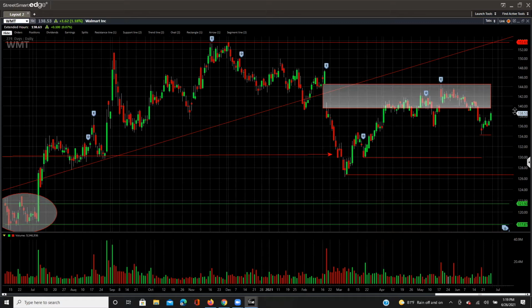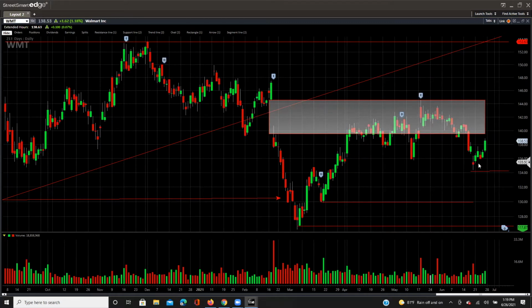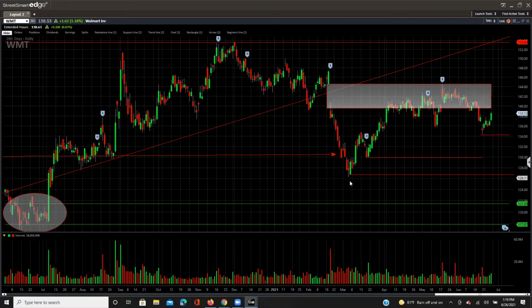So if we added a few more periods to see that, okay, will this 134 hold as support? If the markets were to pull back, which some people are expecting, it could be a large pullback or a minor pullback, then we would want to see these levels of 133, 134, and 130 hold as support in order for us to comfortably enter this trade and say, okay, that 126 print by the areas of consolidation will hold as a decent level of support, and we could expect price to grind back higher.